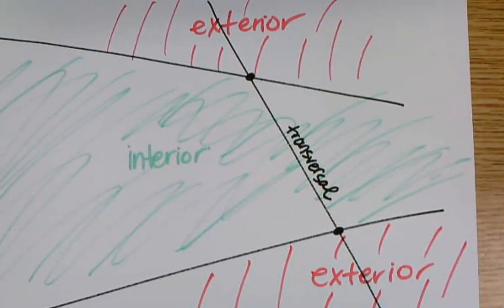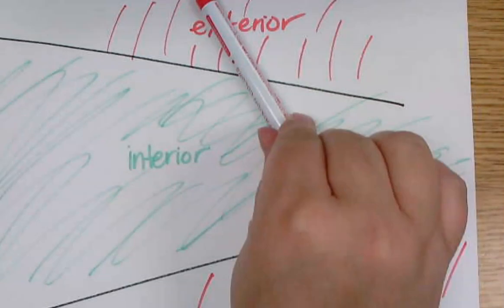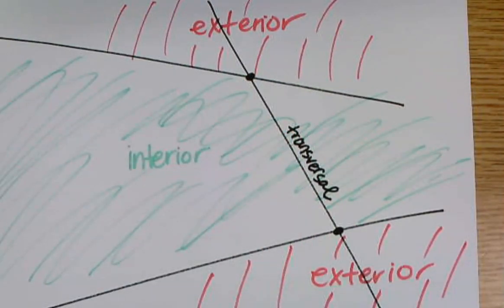Next, if we talk about alternate or same side, we're talking about sides of this transversal. Okay, so alternate means one of them is on one side and one of them is on the alternate or opposite side. Okay, they're not on the same side.